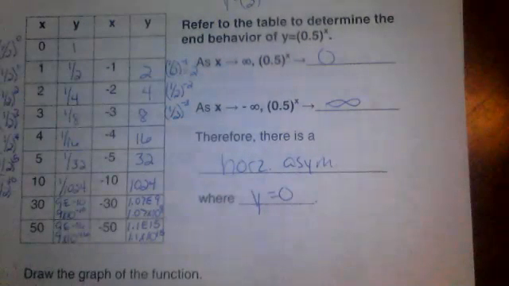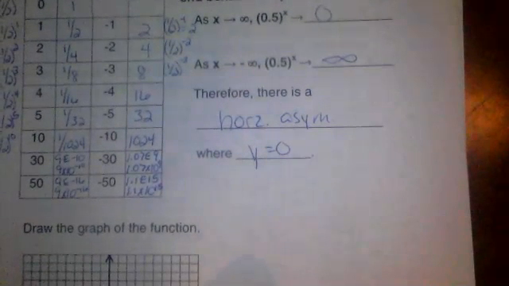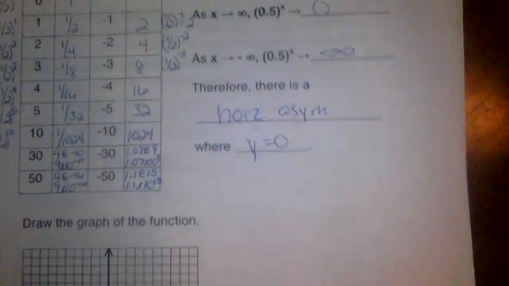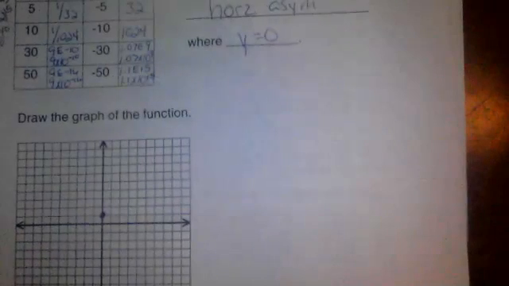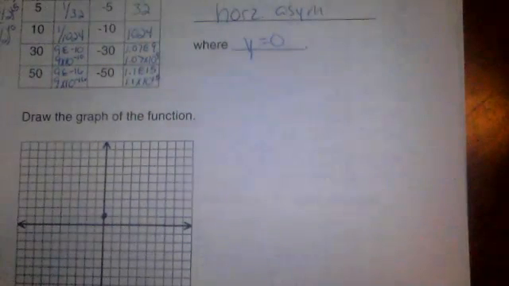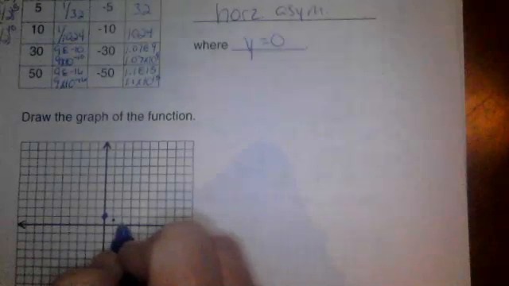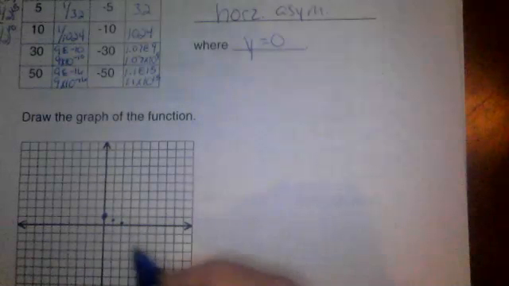So let's plot the point so we can see what I'm talking about. We still have that point 0, 1. So I'm going to plot that one. That one is the important one, and it's important because that's the same point on both of these graphs. But the other points are going to change a little bit. So at 1 we have 1/2. At 2 we have 1/4, and that's about as close as we can get.